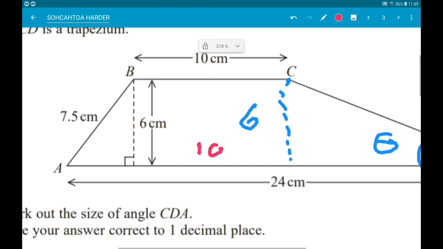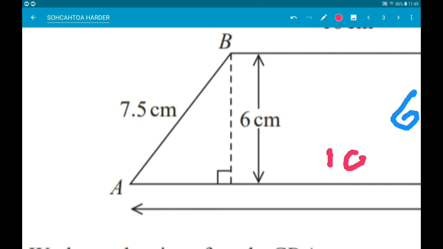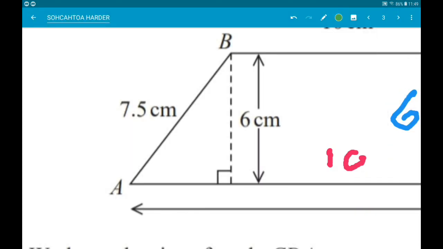So, looking at this guy, if we call the base A, then, because we're in a right angle triangle with two sides known, we can use Pythagoras to work out this unknown length.